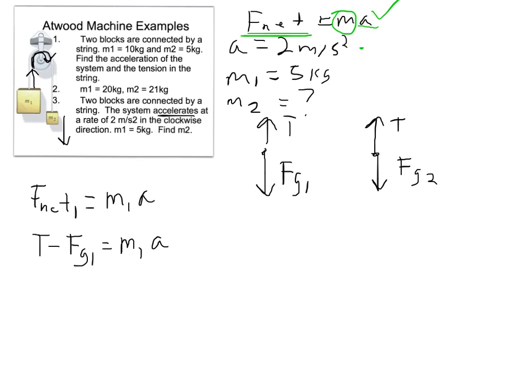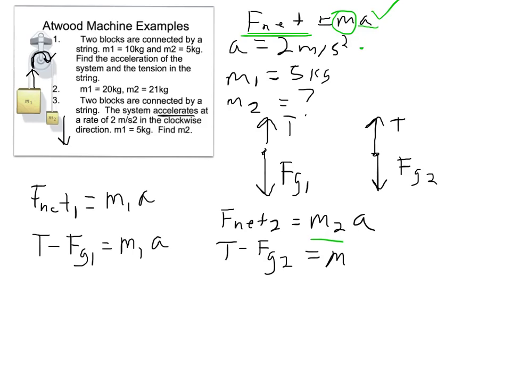On box 2, I have net forces equal to mass 2 times acceleration. That acceleration, again, will be the same for both boxes, and mass 2 is ultimately what I'm trying to find. The forces on mass 2 are tension pointed upward and its weight pointed down.